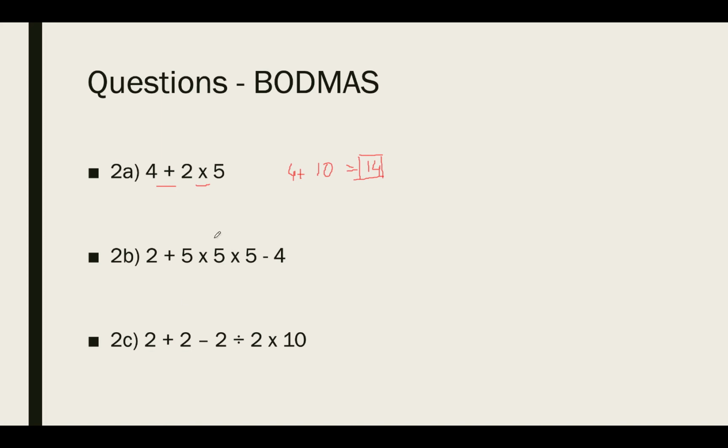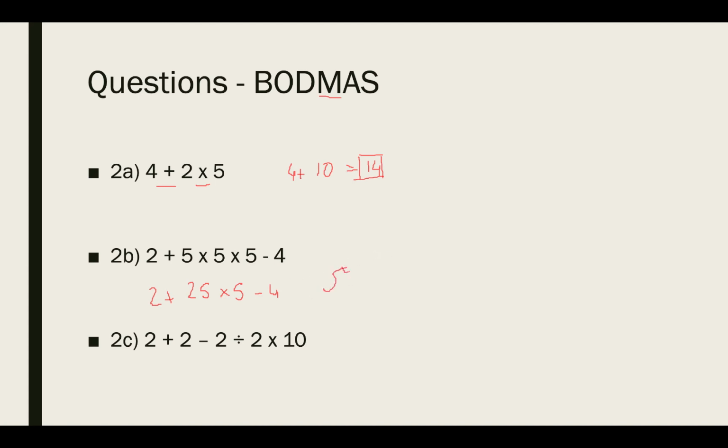Now, we've got to look at 2b. So we've got 5 times 5 times 5. We've got 2 plus 5 and a 5 minus 4. So the obvious one is that multiplication comes first. So we have to solve these two multiplications. So 5 times 5 is 25, times 5, minus 4, 2 plus. And we have to do 25 times 5 again, because there's two lots of multiplication, which is 125.